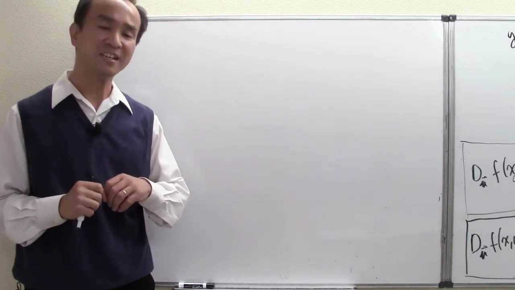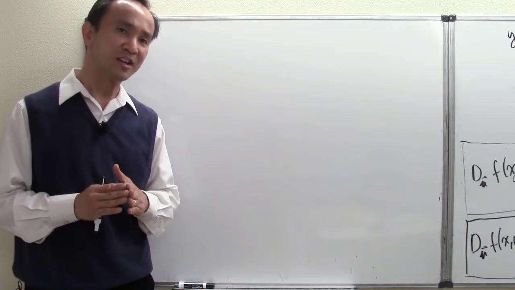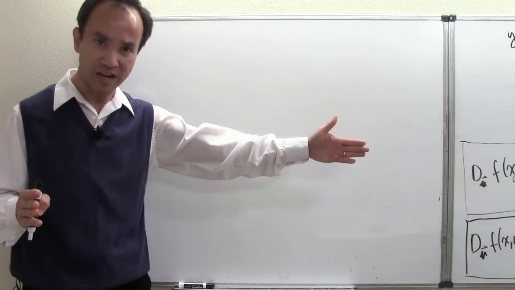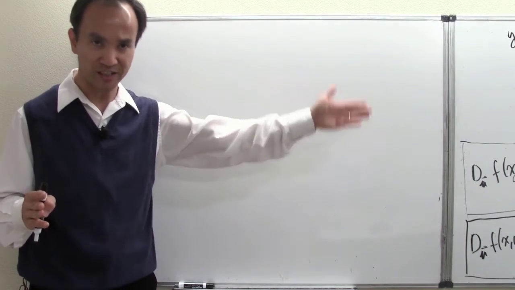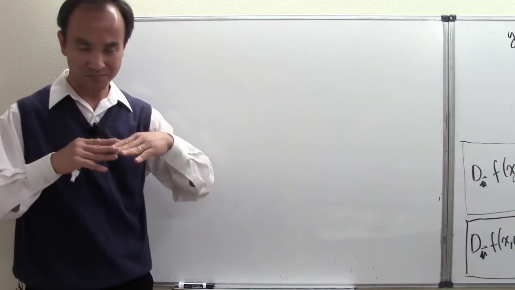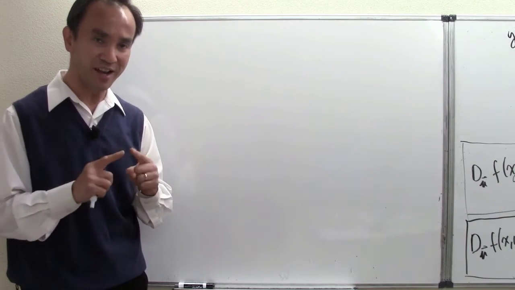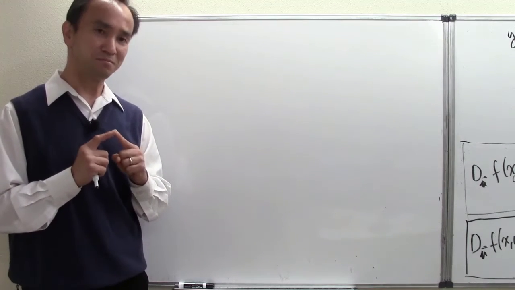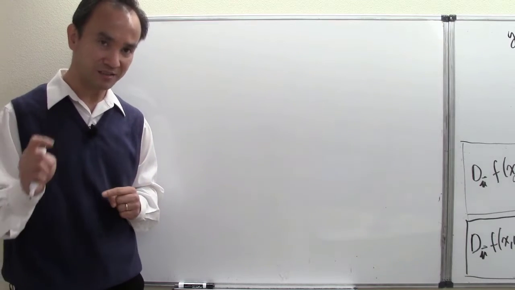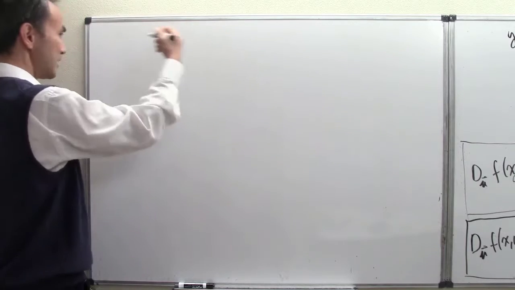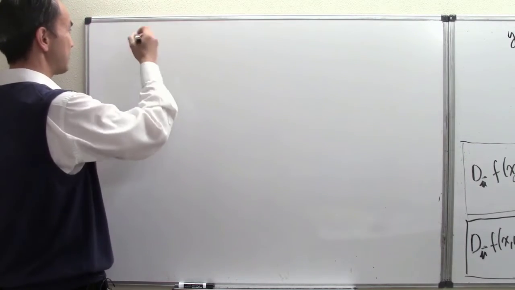You are mature enough that I only need to bring in one example where I show the limit process, and after that, anyone should be flexible in math enough to recognize a general way of calculating a directional derivative without going through the limit process. So let's start out with that demonstration example.